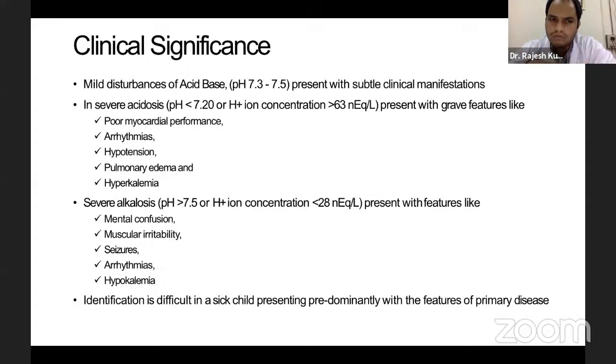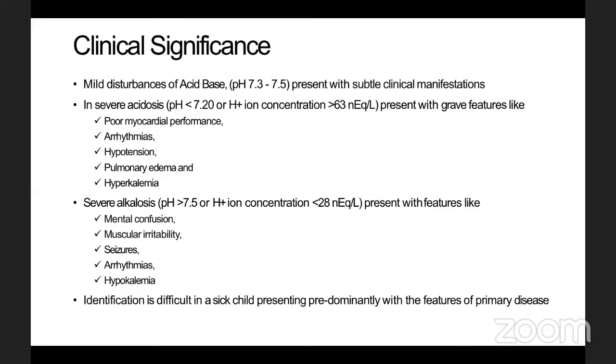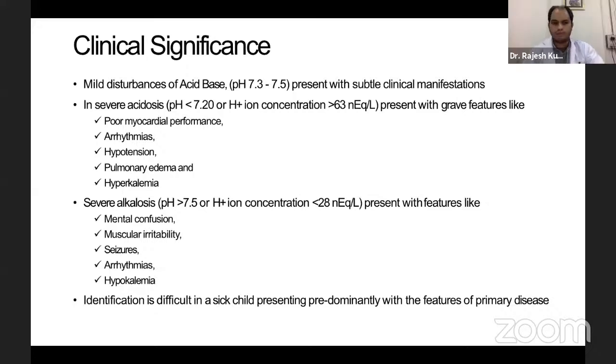These are all symptoms that happen due to acidosis. And in case of alkalosis, pH should be more than 7.5, with symptoms of mental confusion, muscular irritability, seizures, arrhythmias, and hypokalemia. So identification is difficult in a sick child presenting predominantly with the features of the primary disease.